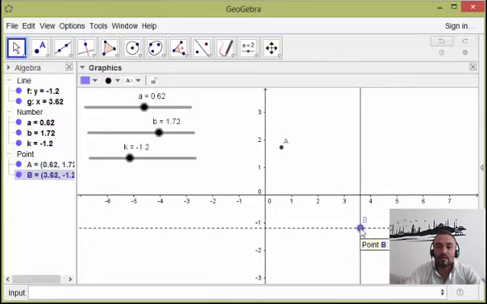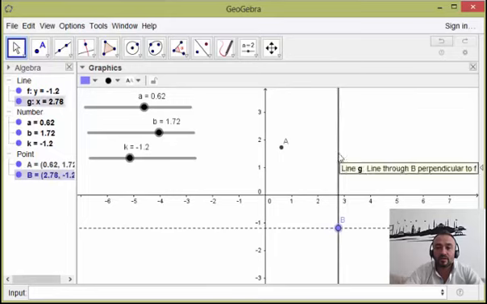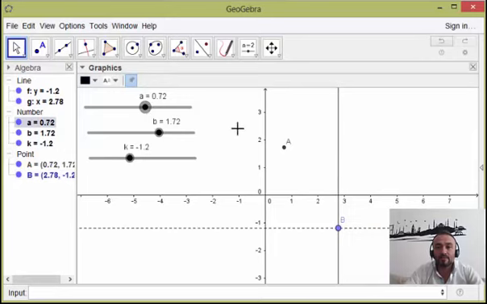Because my candidate point which creates the parabola will be somewhere on this line, because the distance is perpendicular distance, and my point will be somewhere here.